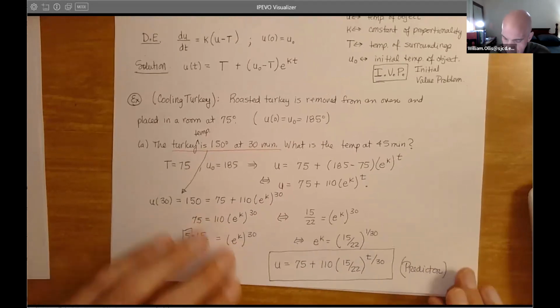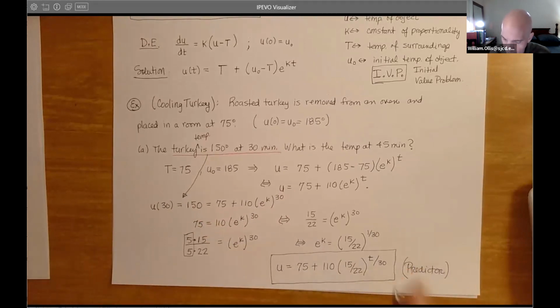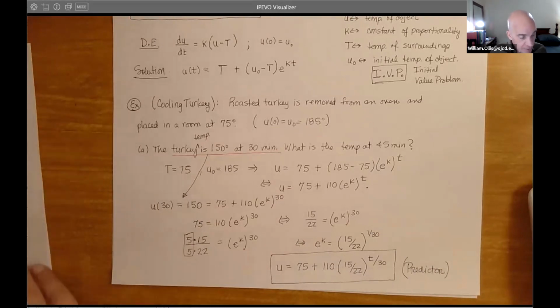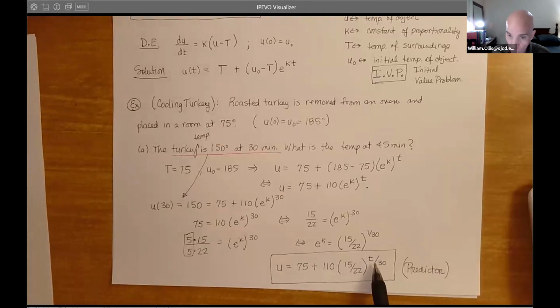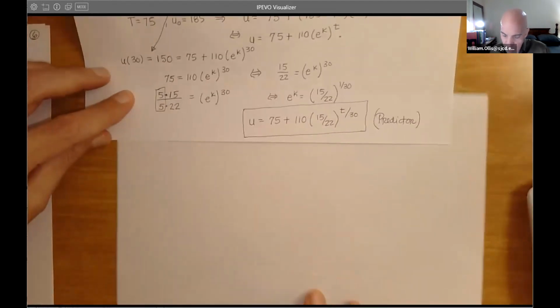Now, of course, to answer the question, this is the hard work. That's the easy part. So when we look at this, we simply want to substitute 45 for t and do our Google approximation. So let's move this up and get another sheet. We'll use our predictor.